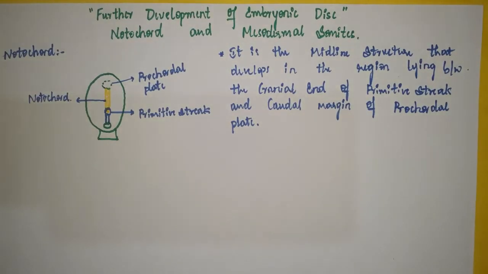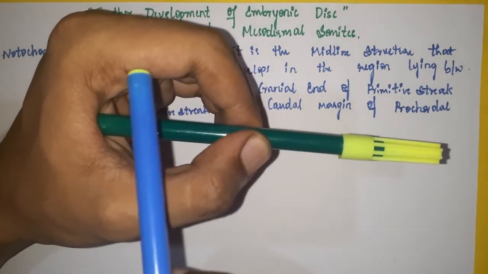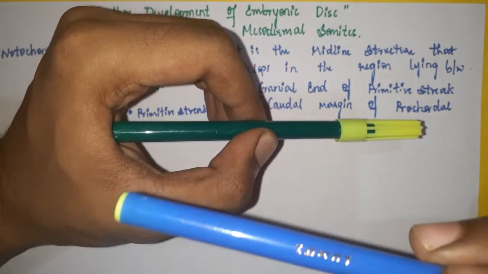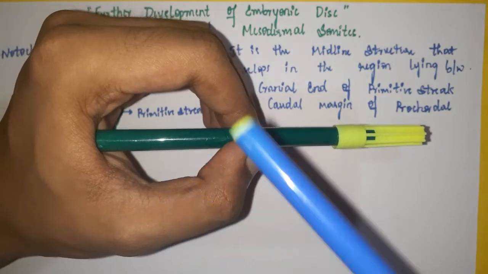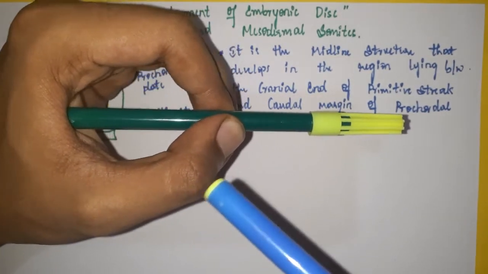See, if you still have no idea about the embryonic disc, just look at this. Here, this is the amniotic cavity and this is the yolk sac, and the structure that separates these two cavities is the embryonic disc. Of course, this is the stalk. Okay, now what happens?